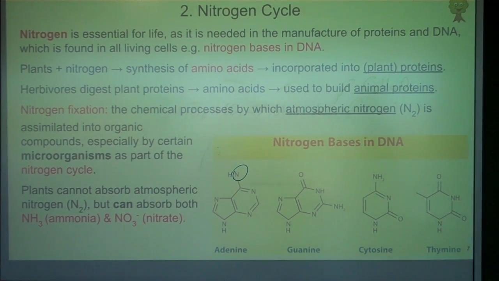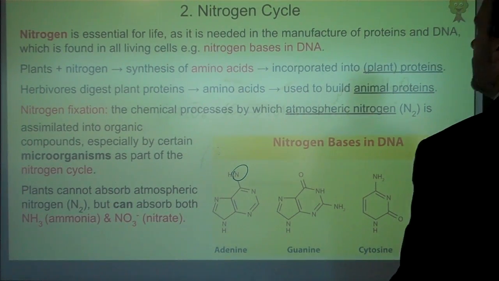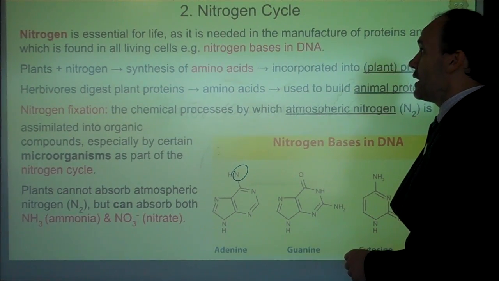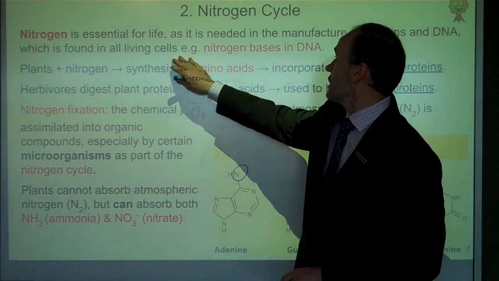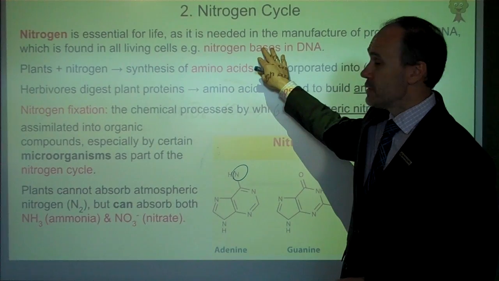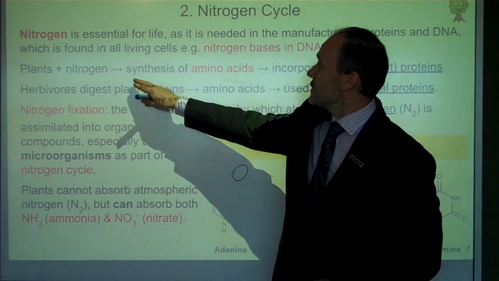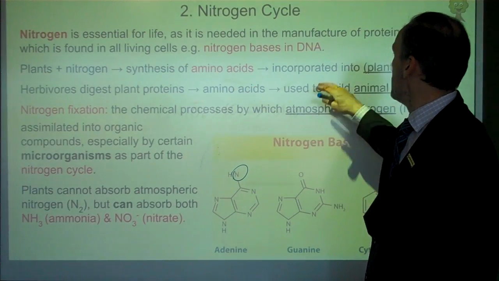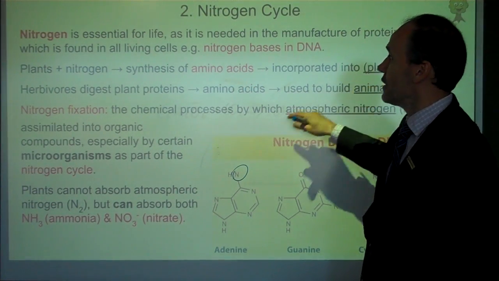If you don't have nitrogen accessible to things, you don't have life. Okay, it's critical. So nitrogen is essential. It's needed in the manufacture of proteins and DNA. It's found in all living cells as nitrogen bases in DNA. Plants plus nitrogen gives you the synthesis of amino acids, which are incorporated into plant tissues, and off it goes from there.